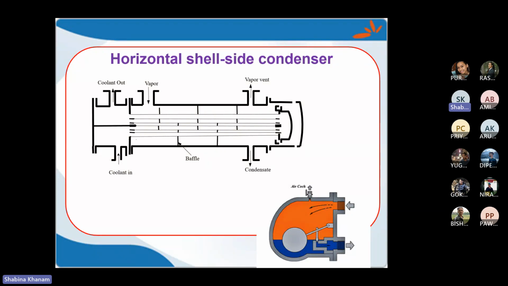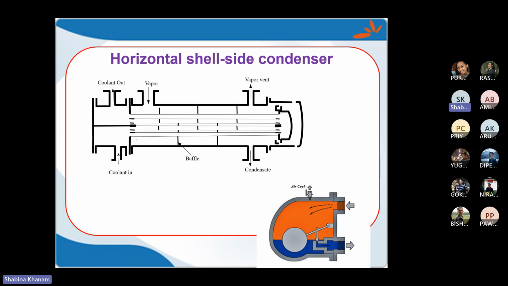Now if I consider the different types of shell and tube condensers, firstly we have the horizontal shell side condenser, and we discussed a few points about it. The major point is that along with the baffle spacing, the baffle cut should be vertical, not horizontal, if I am considering shell side condensation.